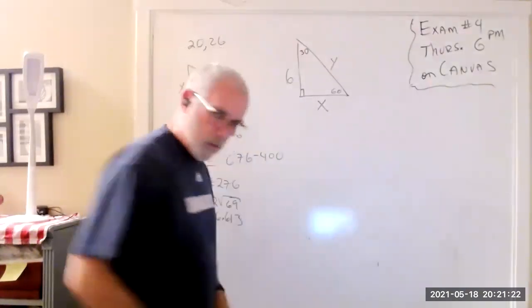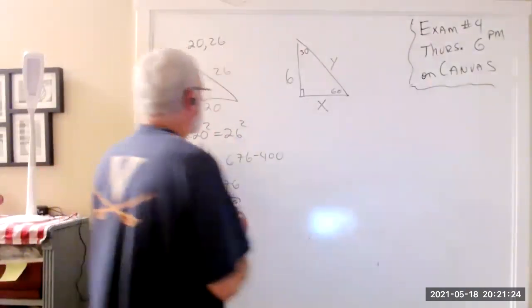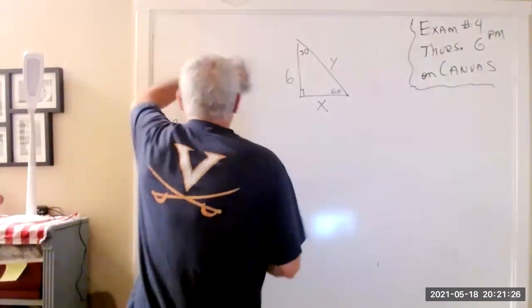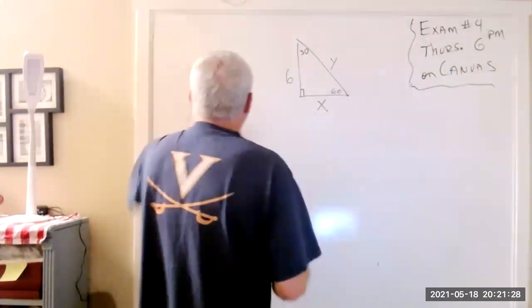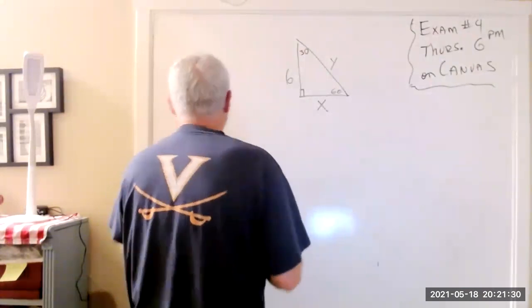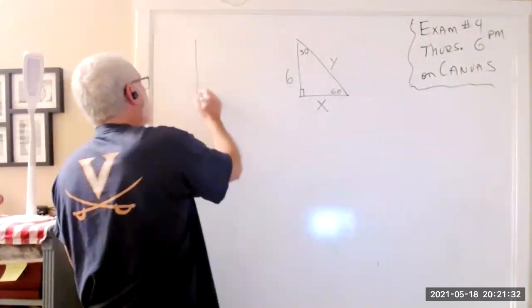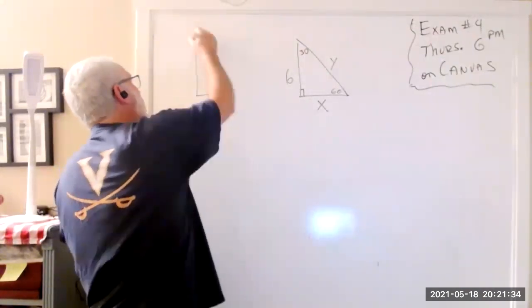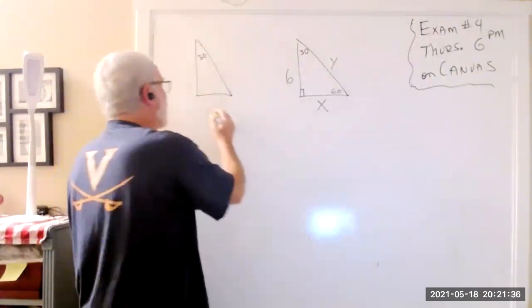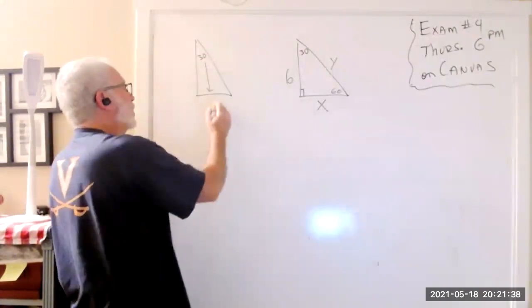Okay, going back to our notes for a 30, 60, 90 triangle. The side opposite the 30 degree was the key.